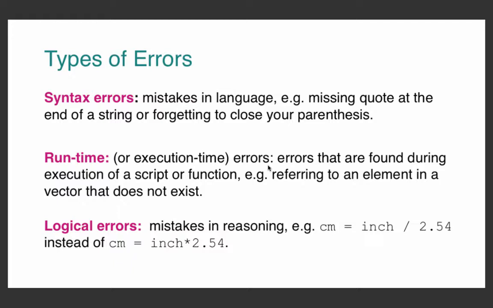So it may only happen for very certain input values from the user, and the user may not often enter those input values. So they can just lurk in your code, waiting to blow up, and you don't become aware of them until something bad happens.